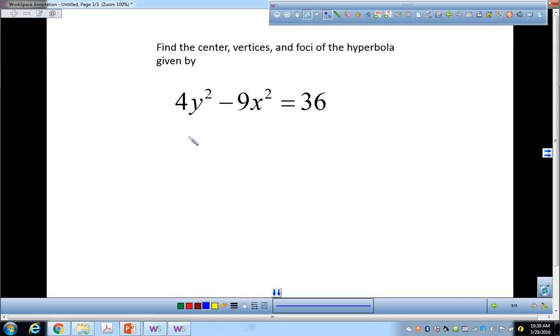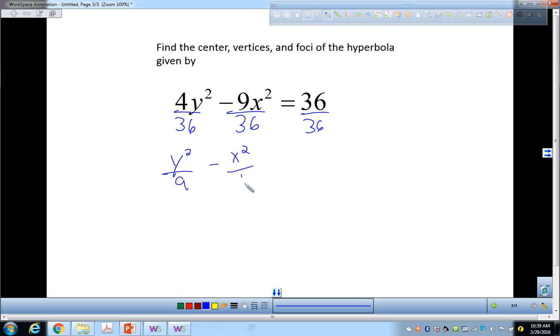What would I do first? Divide everything by 36. When I divide everything by 36, this is very similar to that last problem I did yesterday. I get y squared over 9 minus x squared over 4 equals 1, which means that y comes first in this case.